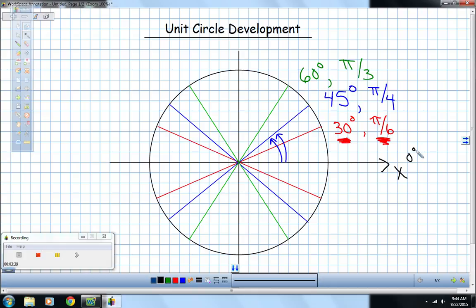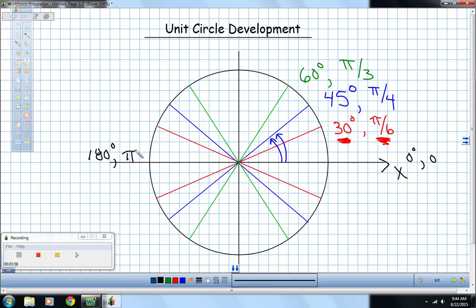So that is 0 degrees or 0 radians. As we make our way around the circle, we learned in our previous lesson that halfway around the circle is 180 degrees, and we now know that is pi radians.